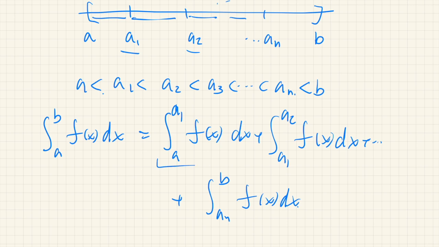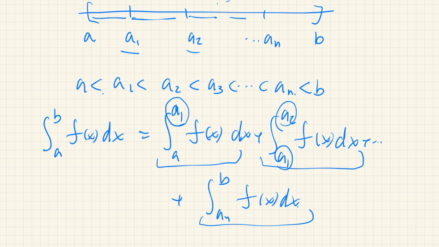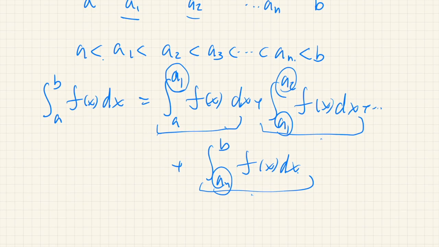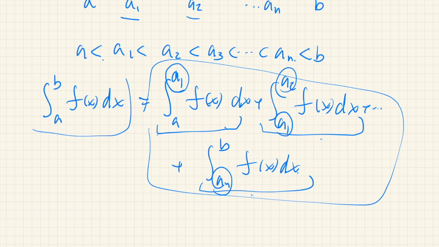Each of these integrals is an improper integral because we do not include these discontinuous points in the integral. If all of these improper integrals converge, then we can define the sum of these integrals as the integral over the entire interval from a to b.